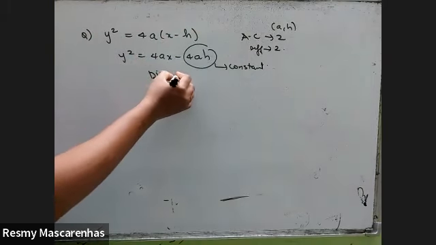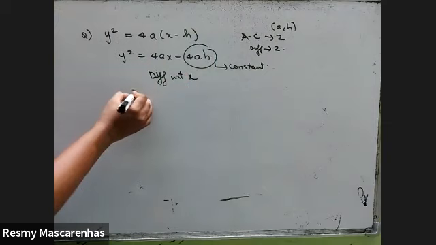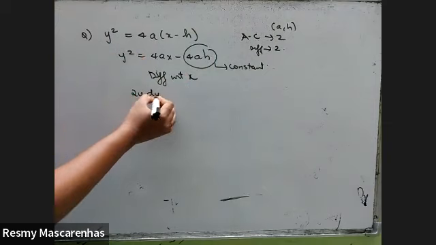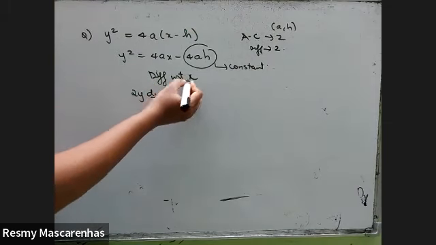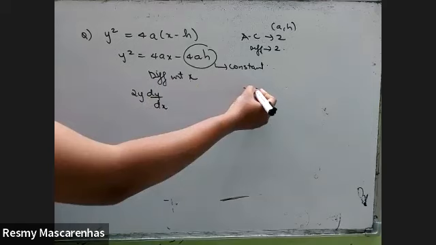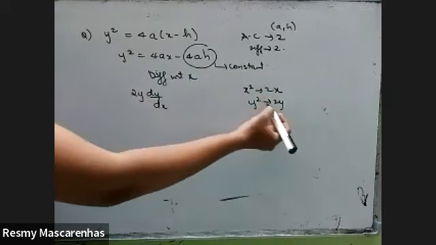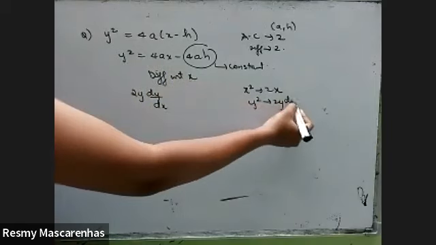First time I differentiate, this will be 2y. Derivative of y square is 2y. Again, extra dy by dx because we are differentiating with respect to x. Derivative of x square is 2x. Derivative of y square is 2y. But since it is y and this is x, extra always dy by dx.